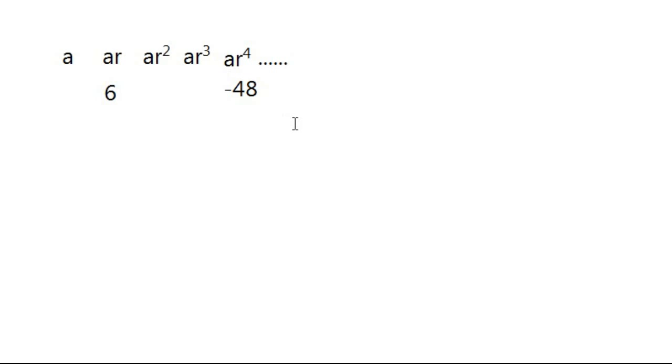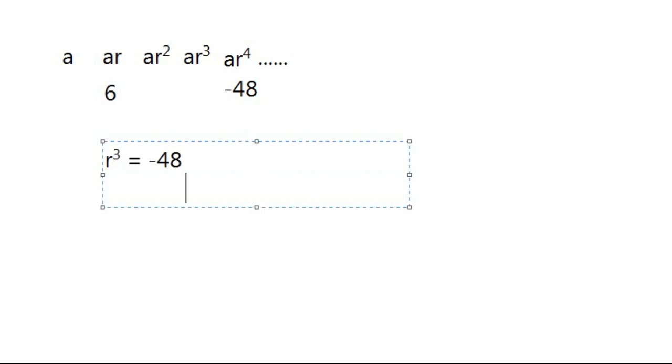So to find this, we need to do a bit of a division. From ar to the power 4 divided by ar, we get a divided by a, which is 1, which we don't need to care about, and r to the power 4 divided by r, which is r to the power 3, which is r cubed, and that would equal negative 48 divided by 6.